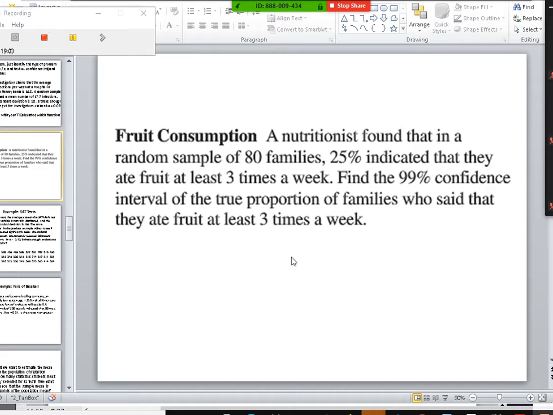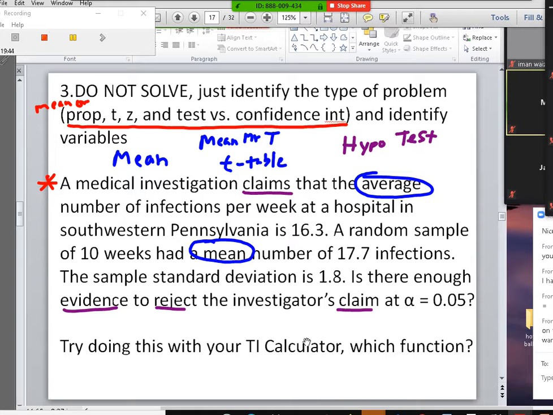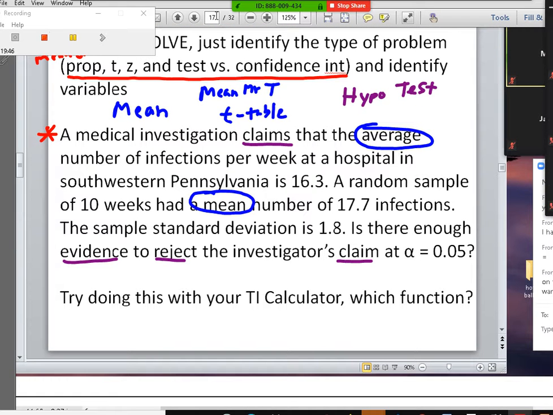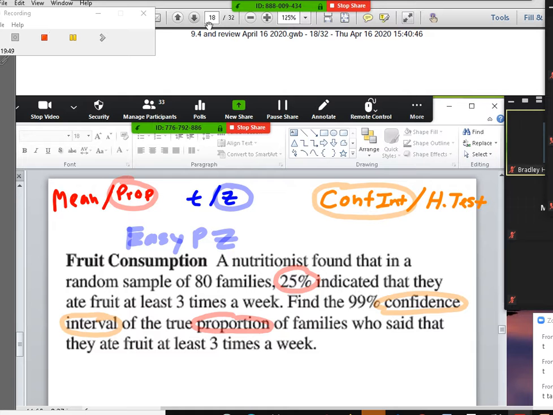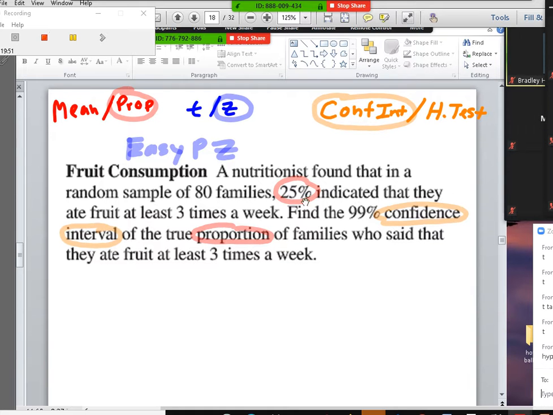Yes, confidence interval, right there. So it is a confidence interval problem because it says find the confidence interval. Remember, if you see the words confidence interval, then it is a confidence interval. So again: proportion, Z-table, and confidence interval, because it literally says confidence interval.